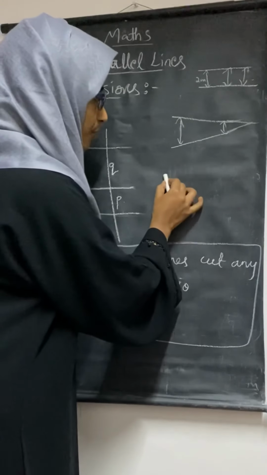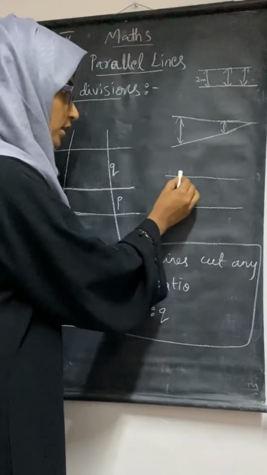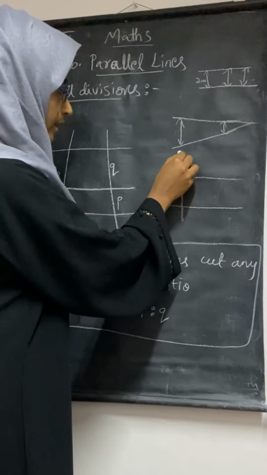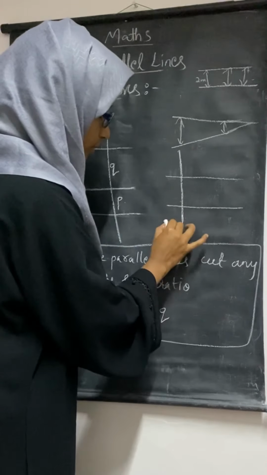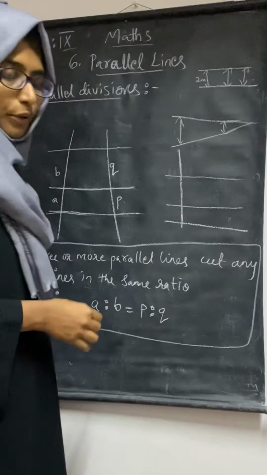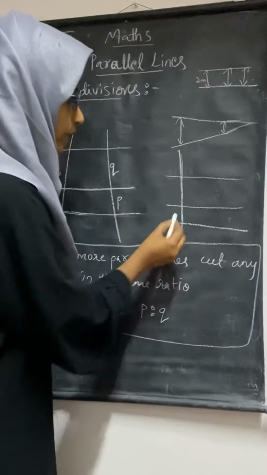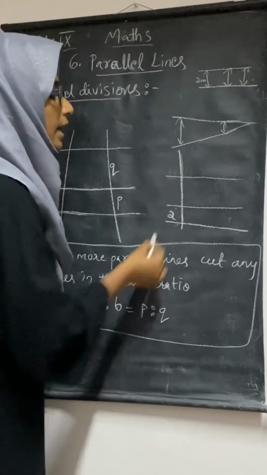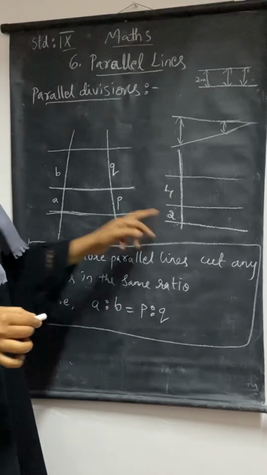For example, I am drawing parallel lines, just straight lines. I can draw one more here also. Three parallel lines I am drawing, and I am cutting them with one straight line, so that the distance between these two lines will be 2 centimeter, and the distance between the upper lines will be 4 centimeter. 2 and 4.